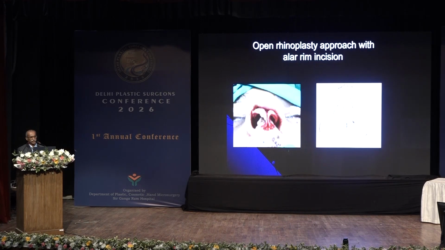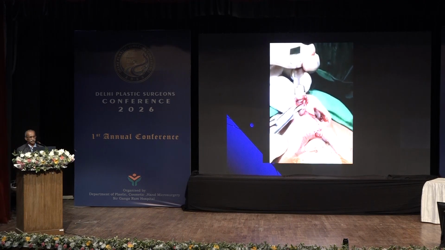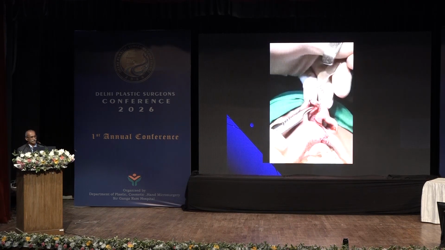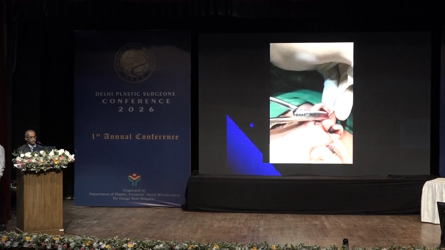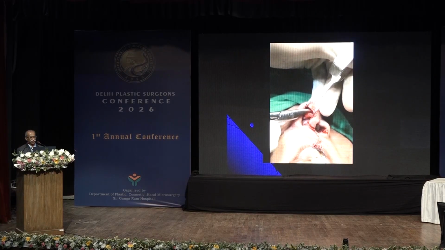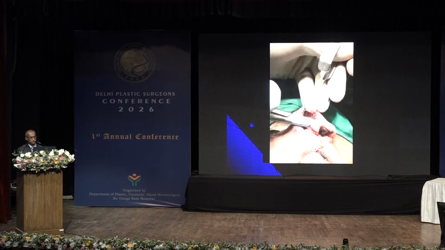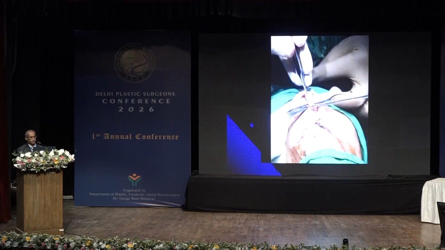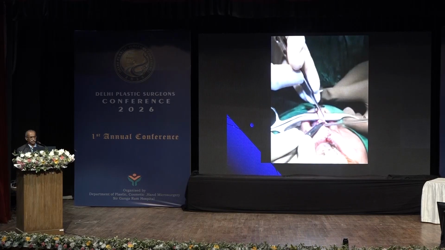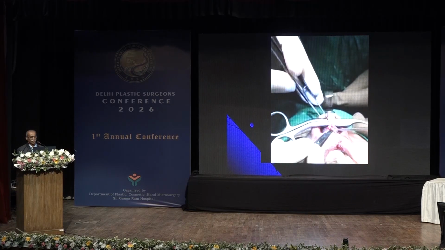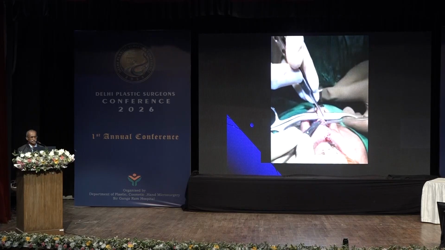I go by an open rhinoplasty approach, where with the alar rim incision, the dissection is carried between the alar cartilage and the skin envelope perpendicular to each other, so it gets a good plane of dissection. Then a dissection is done in the columellar area, carefully dissecting the anterior crura of the alar cartilages.